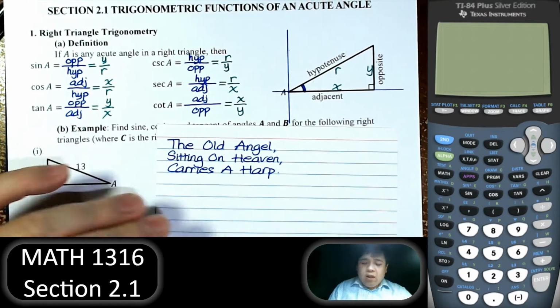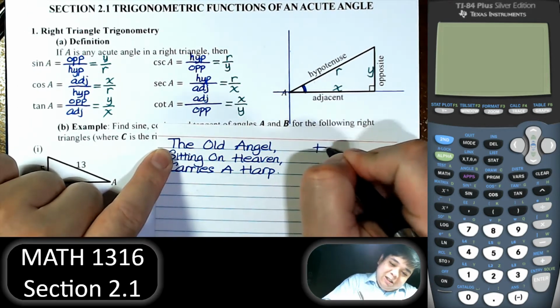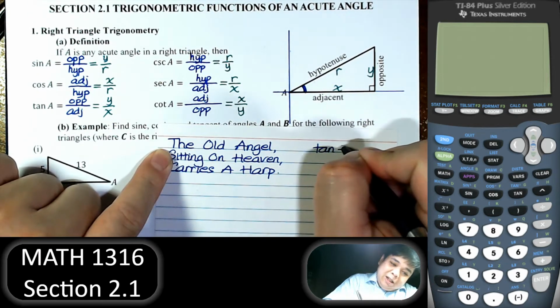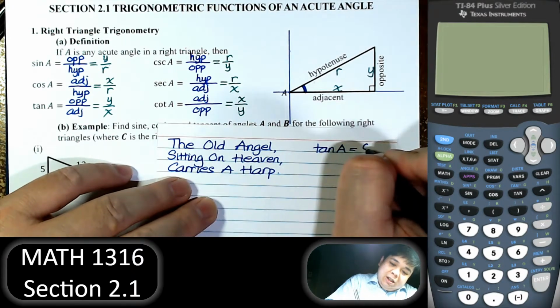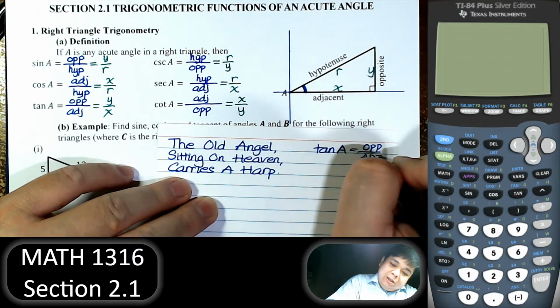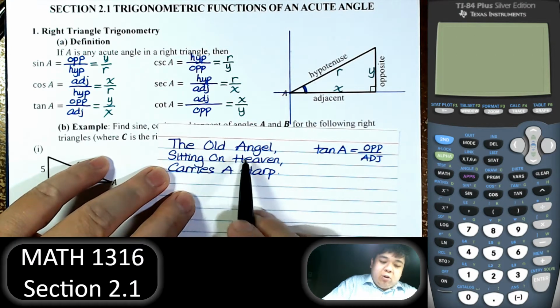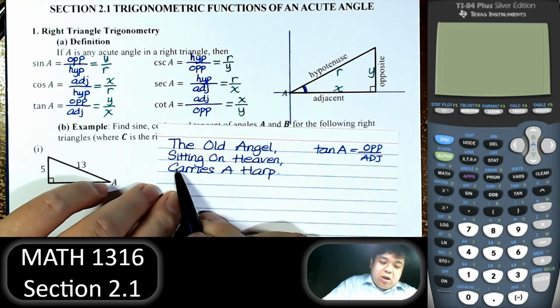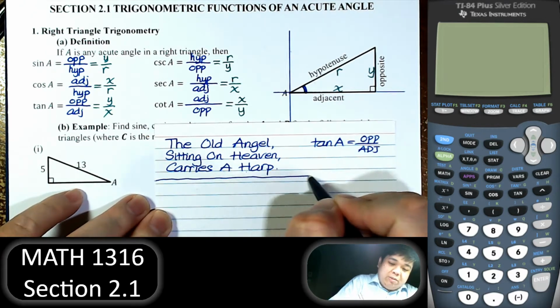From there we have tangent of an angle is opposite over adjacent, sine is opposite over hypotenuse, and cosine is adjacent over hypotenuse.